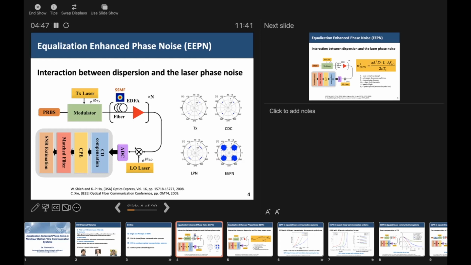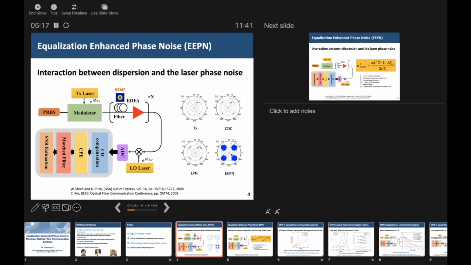If we remove the phase noise from the local oscillator but keep the dispersion, we get ideal recovery of the signal. But if we have both the phase noise and the dispersion, we see some additional distortion, and these distortions look like amplitude distortion. So this distortion is different from the traditional phase noise.